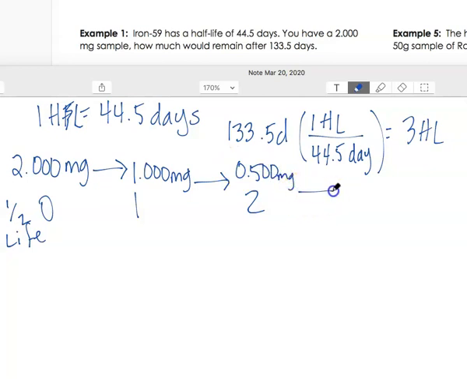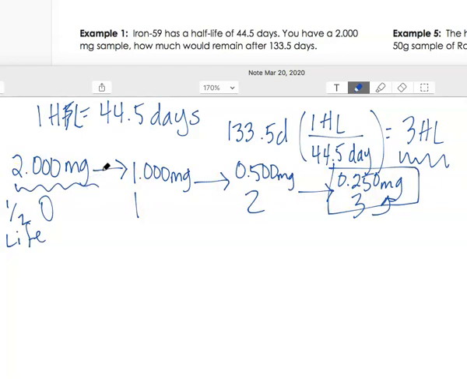And then after a third half-life, you're going to have half of that. We are interested in seeing how much sample is going to remain after 3 half-lives, because in 3 half-lives, 133.5 days have passed. So if you look at this chart that we just made, after 3 half-lives, that's how much of the sample is going to remain from our original amount.